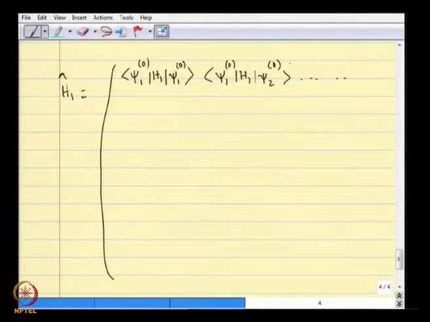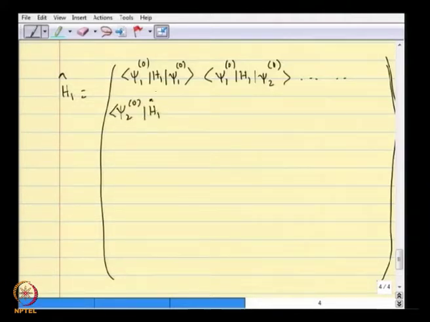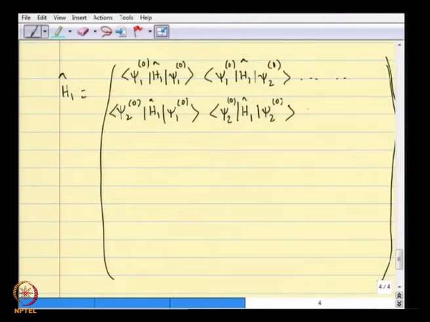So if you have an infinite basis set, this matrix is an infinite dimensional matrix. And what is the second one? It is psi 2 0 H1 psi 1 0, psi 2 0 H1 psi 2 0, and of course this one is psi 2 0 H1 psi 3 0 and so on.